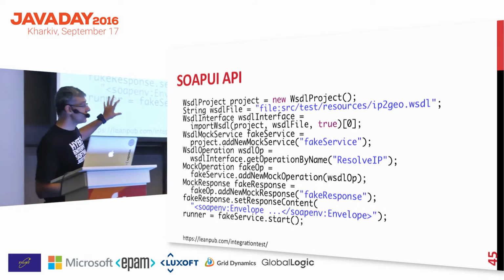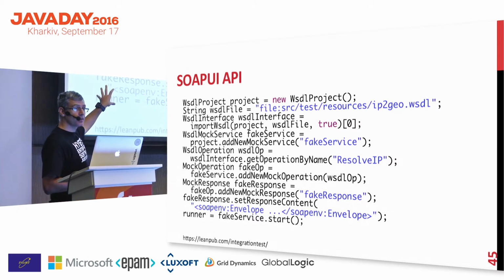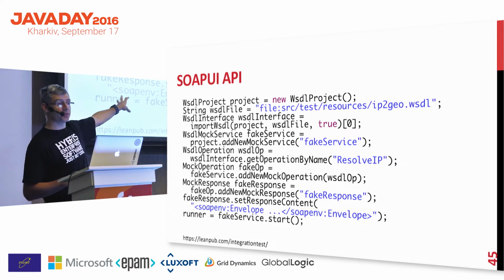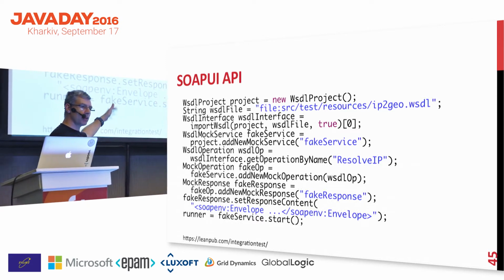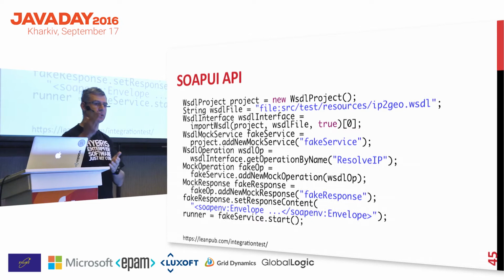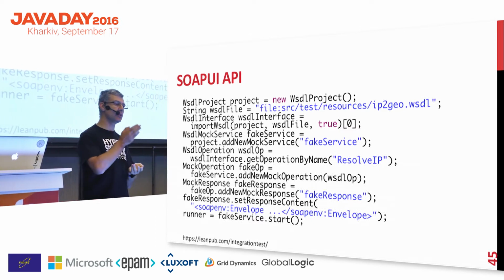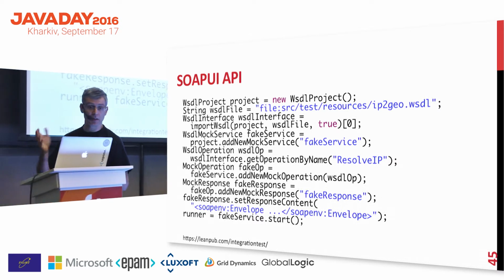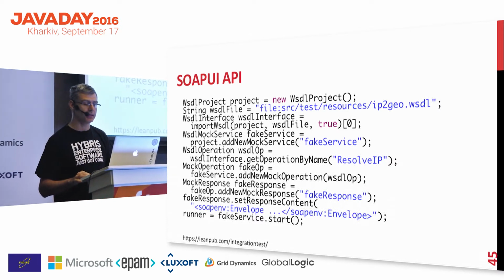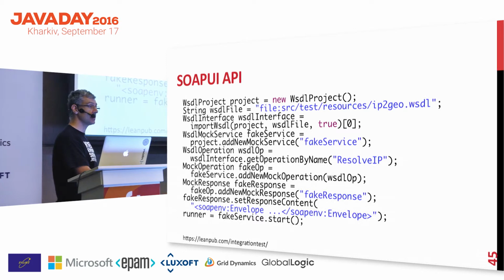This is a way that you would programmatically create the fake server and the fake response. I don't expect you to understand everything right now, but just know that there is an API. Once you get the WSDL, you can get the SoapUI jar as a normal Maven dependency, and start doing that for real.